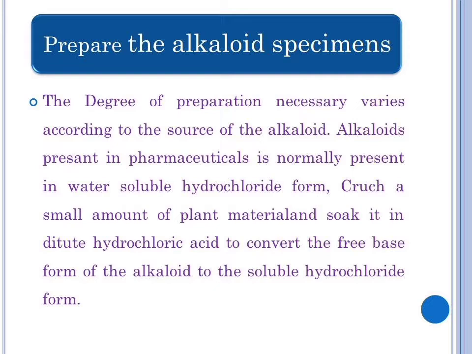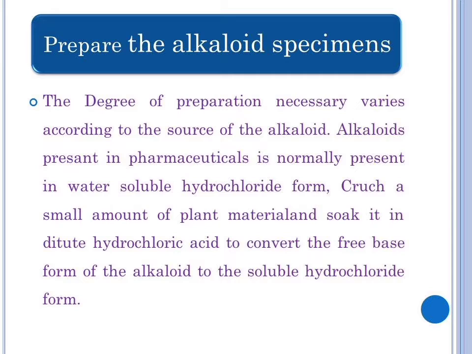Some specimens, such as tonic water or cough syrup, can be tested as is, or if necessary, diluted with distilled water. To test for alkaloids present in pharmaceuticals, in which the alkaloid is normally present in water-soluble hydrochloride form, we can simply dissolve a small amount of the powder in a few milliliters of water.